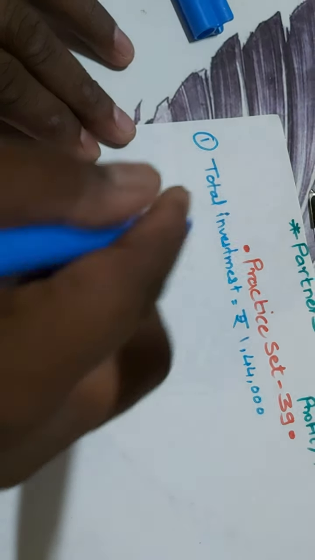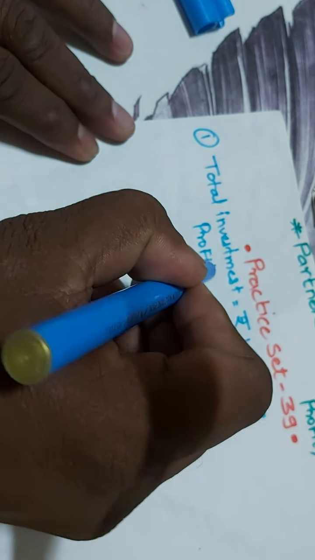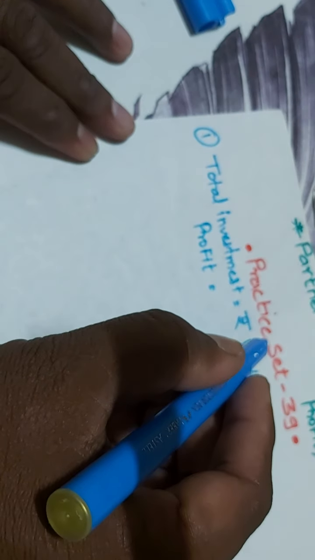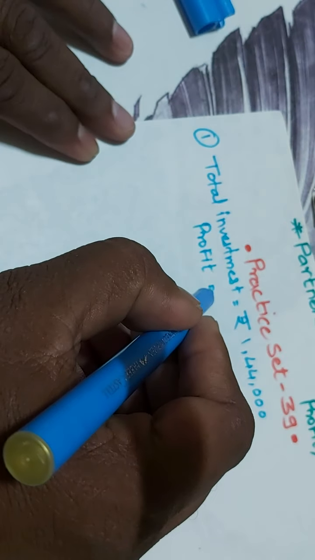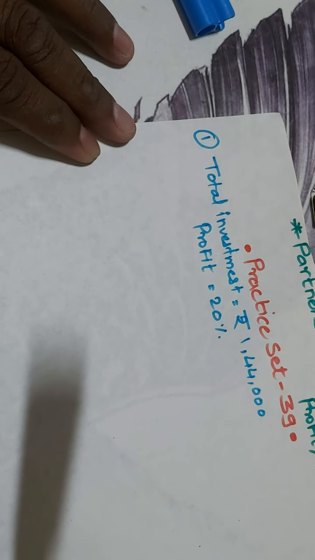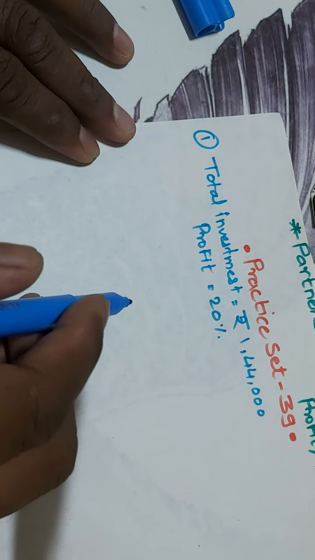Now again they said, after some years they sold it at a profit of 20%. So we have to write profit is equal to 20%. And they gave the ratio 4 is to 5. Sorry, that is not ratio, that is a proportion.